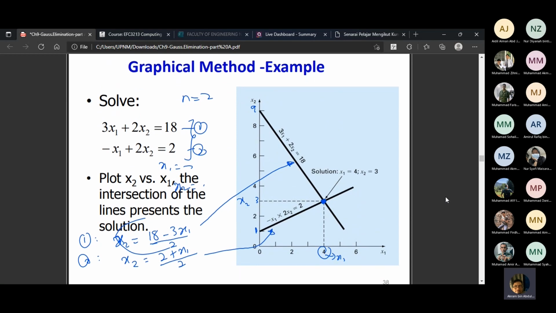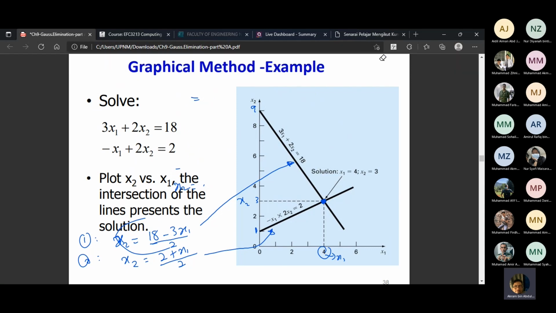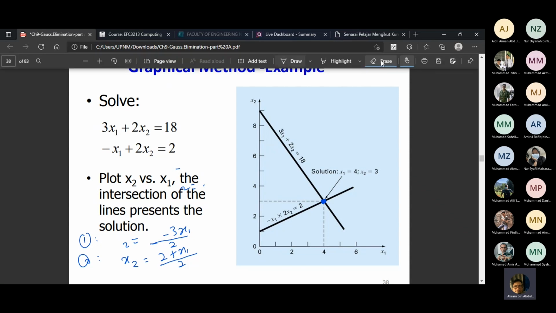Let's say we have 2 equation that we are trying to solve. So we have 3x1 plus 2x2 equal to 18, and negative x1 plus 2x2 equal to 2. So again, same thing, the same step as before.